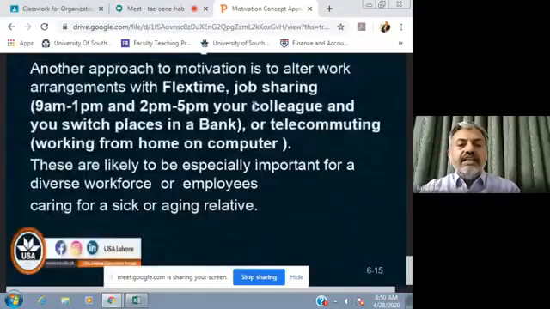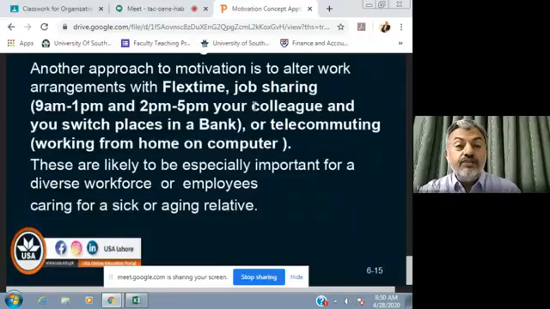Now, these are likely to be especially important for a diverse workforce or employees caring for a sick or aging relative. So, telecommuting is a very useful technique, which is used when employees have full autonomy for the time that they are operating from their home.